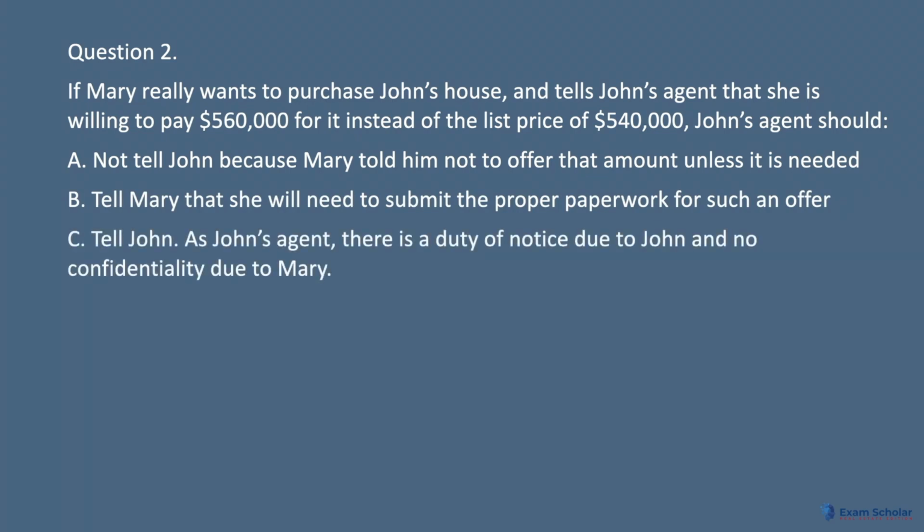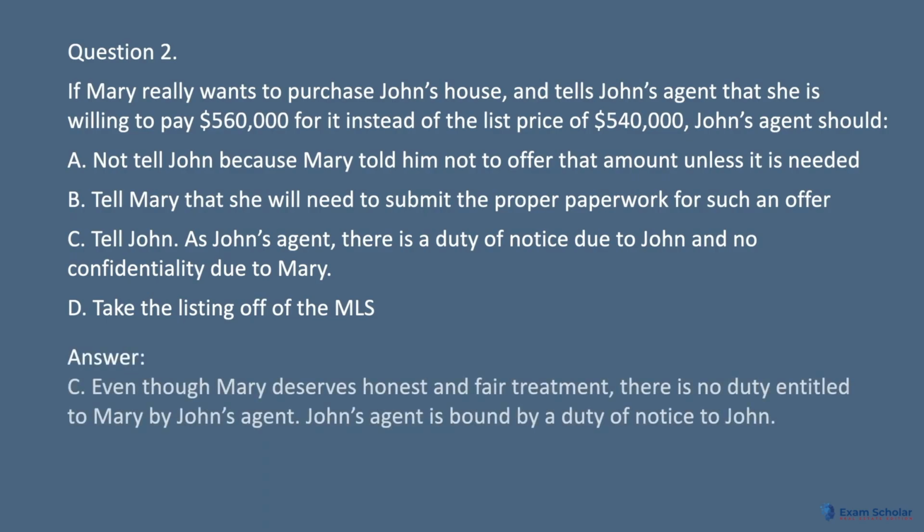C. Tell John. As John's agent, there is a duty of notice due to John and no confidentiality due to Mary. D. Take the listing off of the MLS. Answer. C. Even though Mary deserves honest and fair treatment, there is no duty entitled to Mary by John's agent. John's agent is bound by a duty of notice to John.